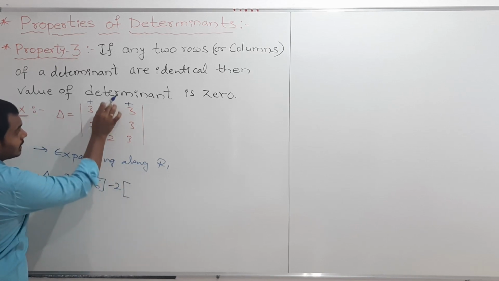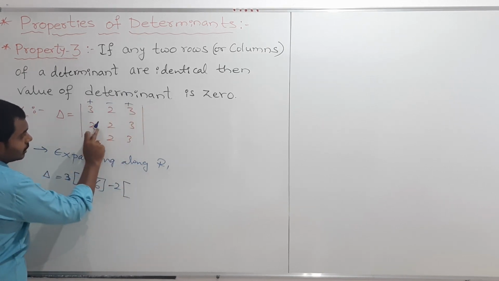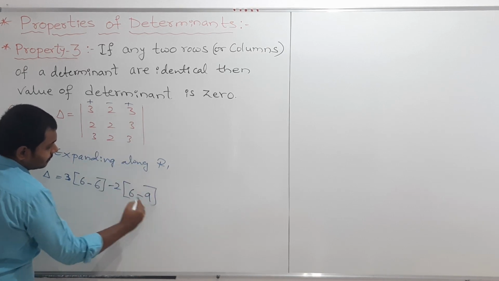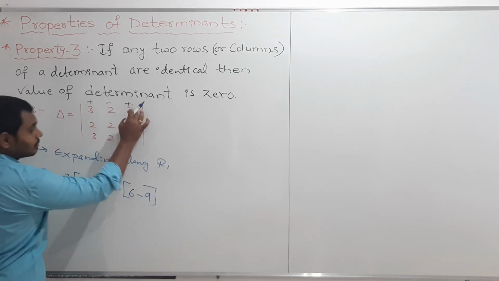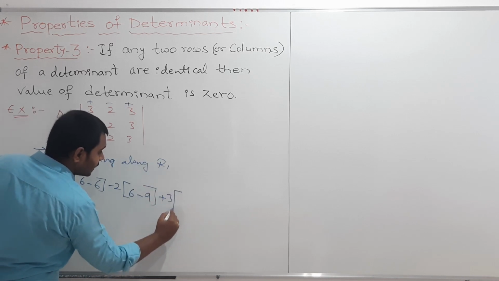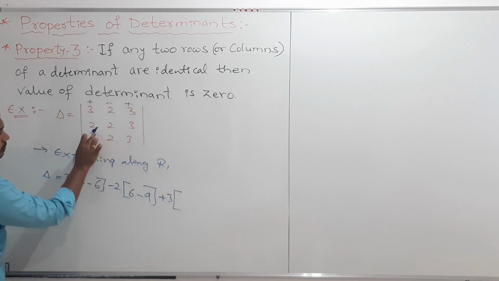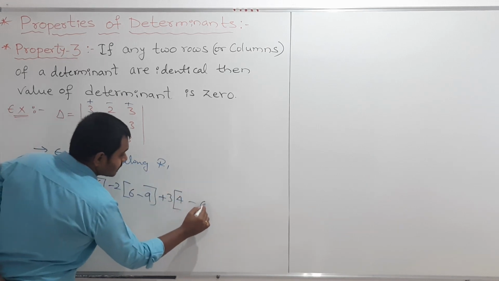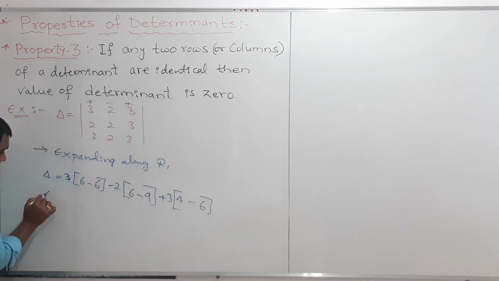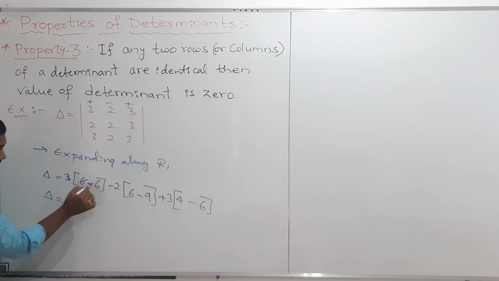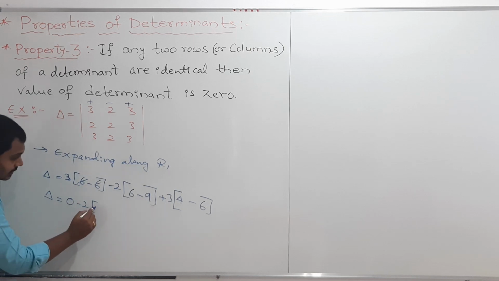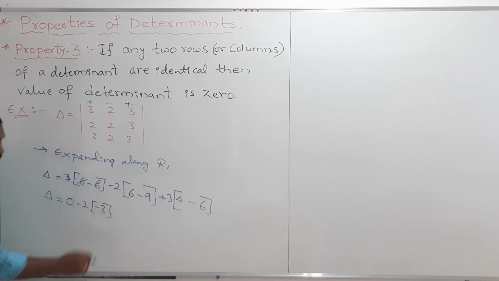Minus 2, and again leave this column and this row: 2 3s are 6 minus 3 3s are 9. Next plus 3, and again leave this row and this column: 2 2s are 4 minus 3 2s are 6. So further simplify: delta is equal to plus 6 minus 6, which is 0 and anything times 0 is 0, minus 2 into minus 9 plus 3 is minus 3.